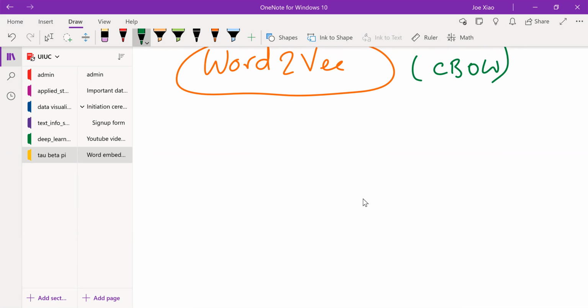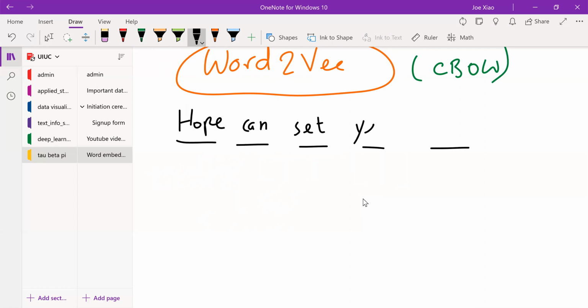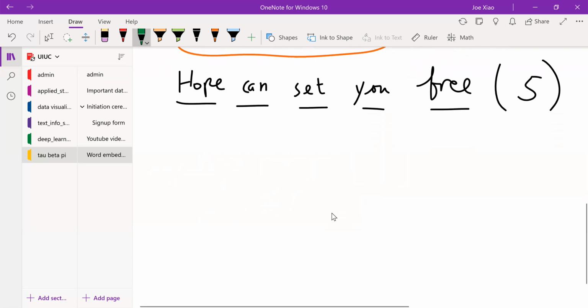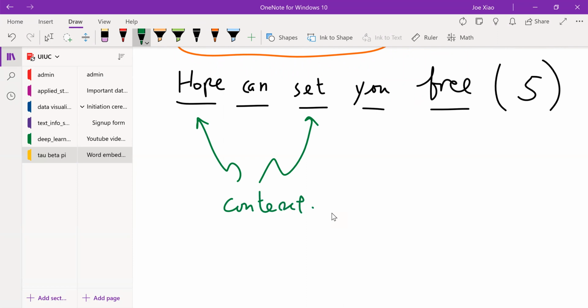So the idea is this: if we have a whole vocabulary, let's say it's only 5 words. So let's say that it's hope and set you free. So our whole vocabulary is only 5 words. The idea is that if you're given some context words, like say hope and set, so these are context words, can we predict the center word?